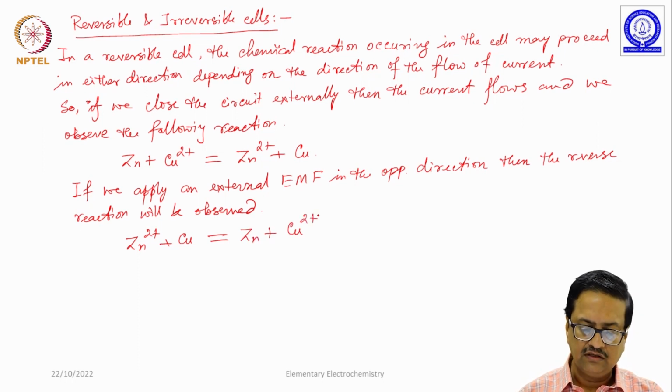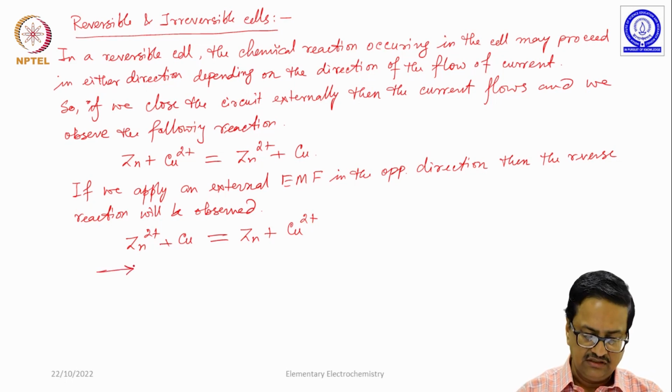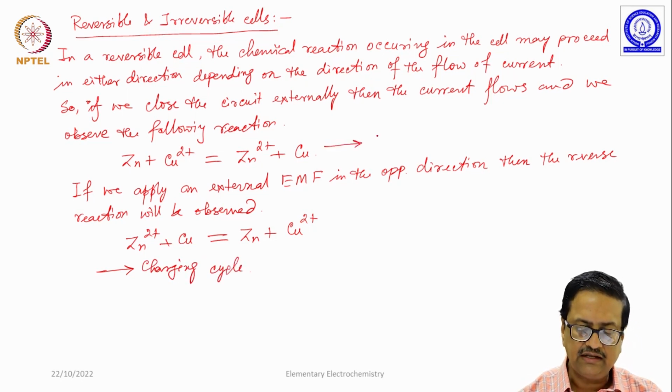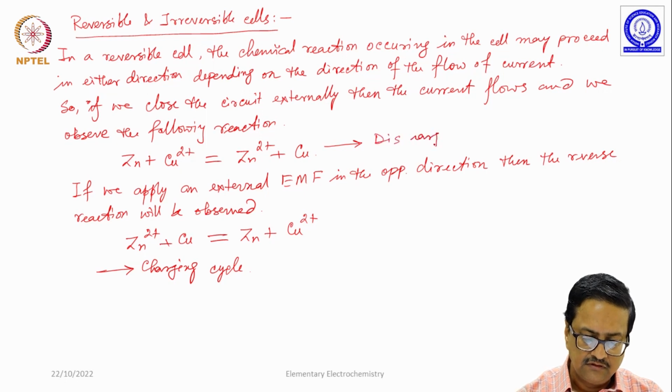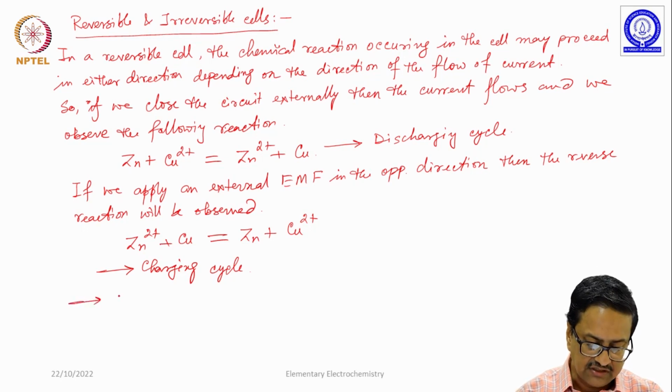So when we are doing this reverse operation, it is the charging cycle and the forward direction is the discharging cycle. So the batteries where these charging and discharging cycles are possible are called the reversible cells.